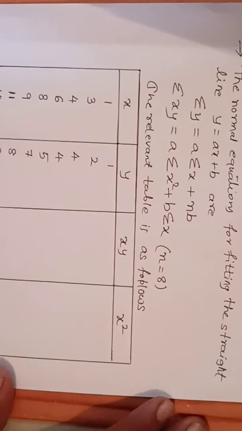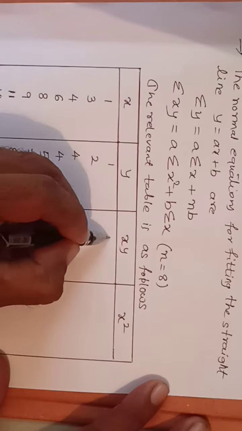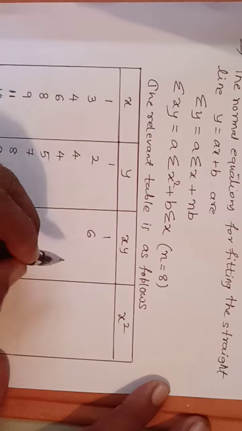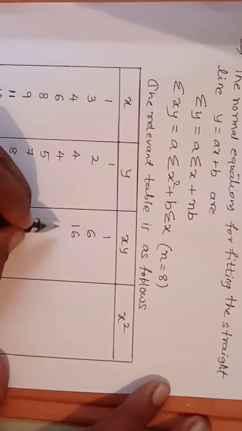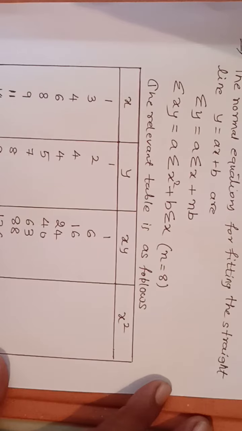Now we calculate x into y: 1 into 1 is 1, 3 into 2 is 6, 4 into 4 is 16, 6 into 4 is 24, 8 into 5 is 40, 9 into 7 is 63, 11 into 8 is 88 and 14 into 9 is 126.